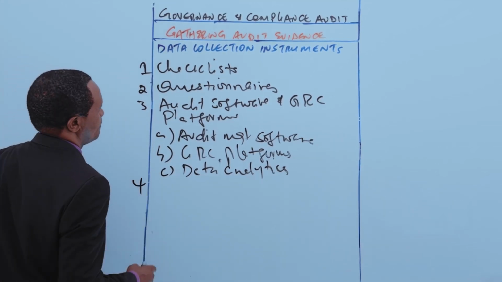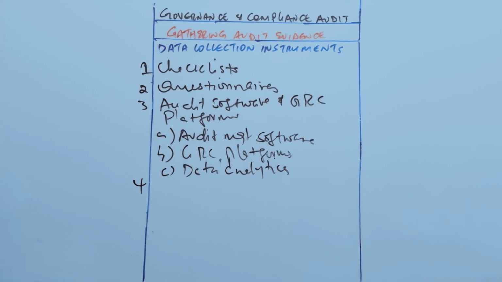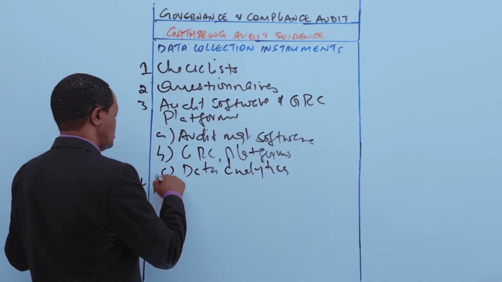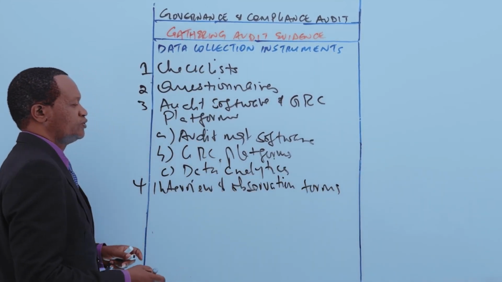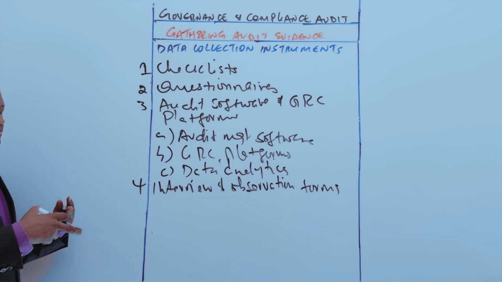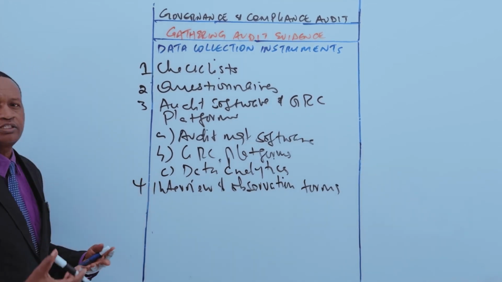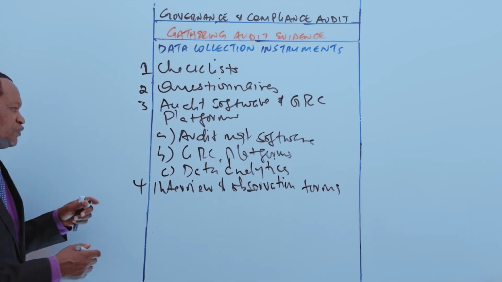The fourth data collection instrument is interview and observation forms. These instruments are used to document information gathered through direct communication or interaction. We have interview forms.